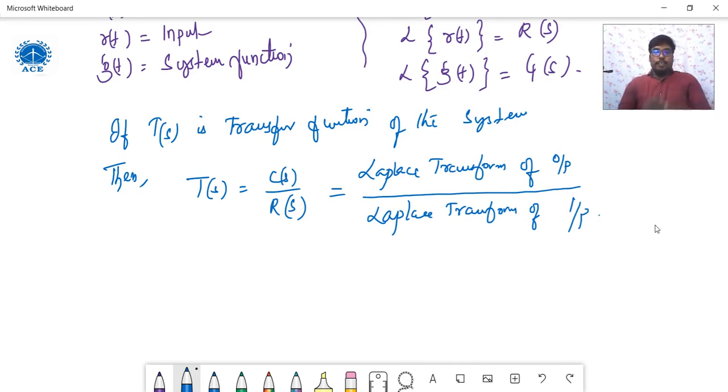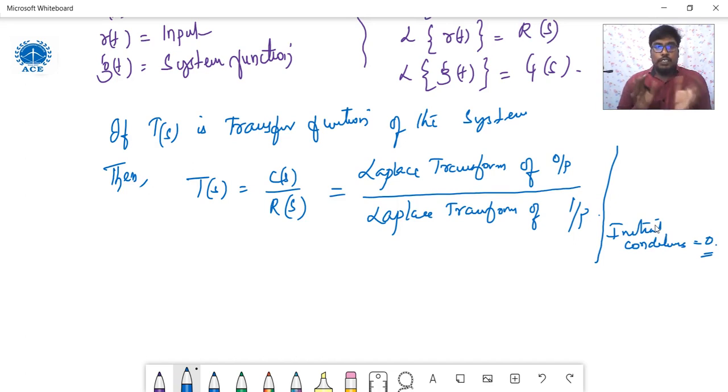So this is the transfer function of the system under 0 initial conditions. This is the transfer function of control systems. Let us see.